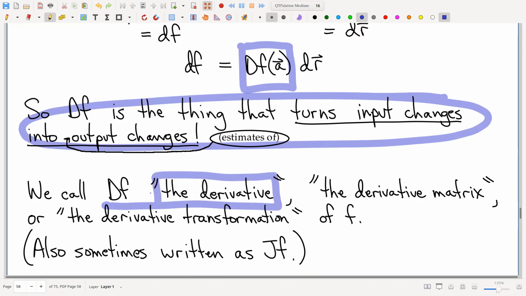And that feels weird to call it the derivative. Hey, wait a minute. I thought derivatives were numbers like slopes. Not anymore, they're not. It's one of the weird things you have to get used to in multivariable calculus. Derivatives, in general, are matrices going forward.